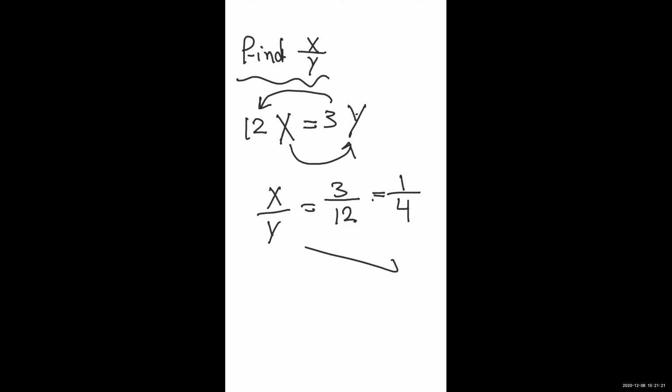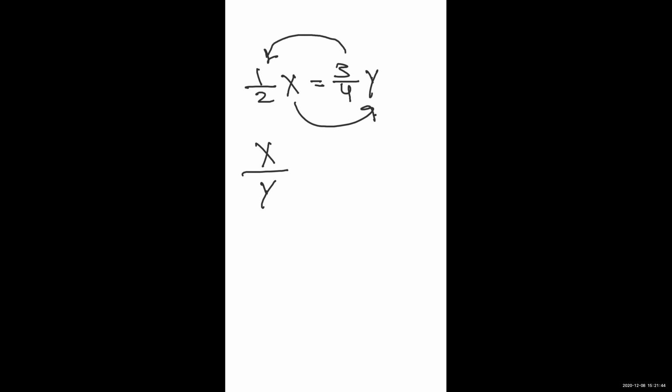The next one, find also x over y. 1 over 2x equals 3 over 4y. So now x over y will equal 3 over 4 divided by 1 over 2.